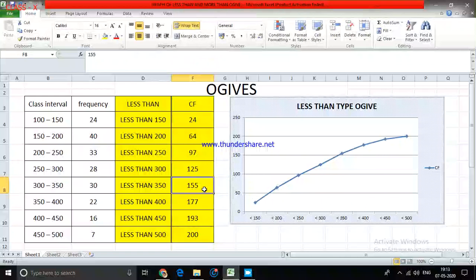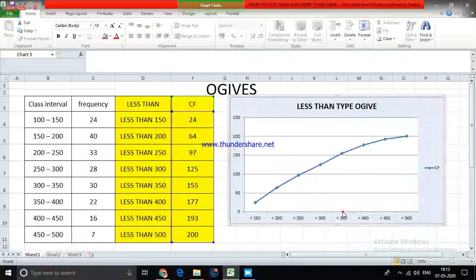Then less than 350 has to be 155. It says less than 350, but when representing on the graph, I represent at 350. So at 350 my value will be 155. Then less than 400 is 177.